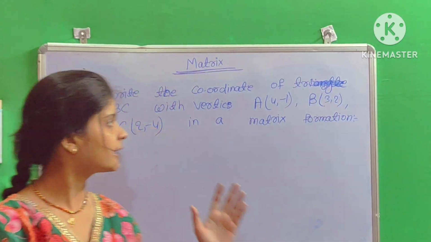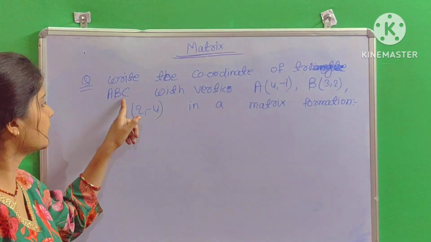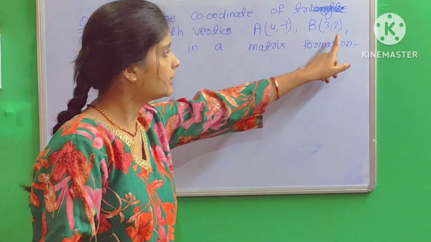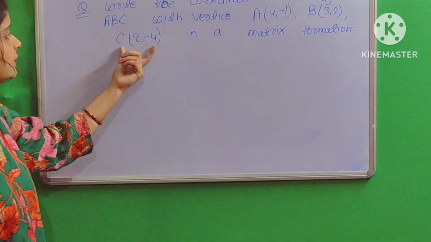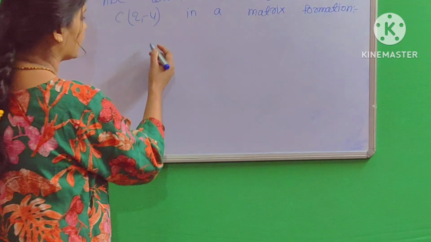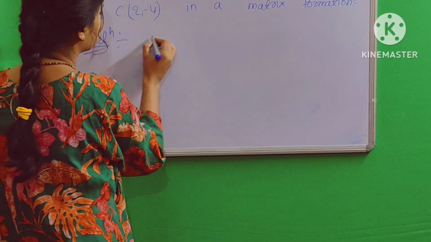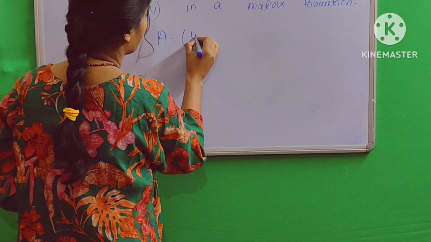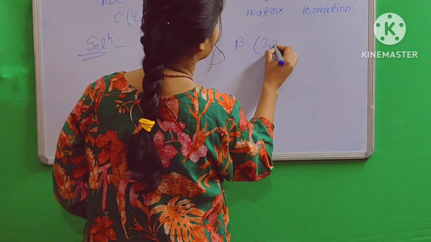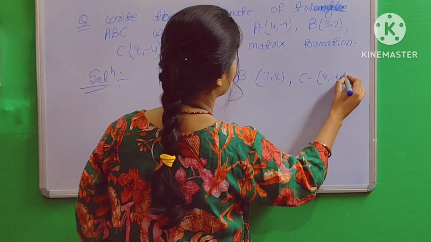Now we have taken one example. Write the coordinates of a triangle ABC with vertices A (4, -1), B (3, 2) and C (2, -4) in matrix formation. Here the vertices of the triangle are A equals 4, -1 and B equals 3, 2 and C equals 2, -4.